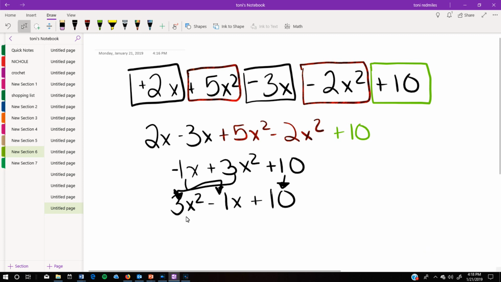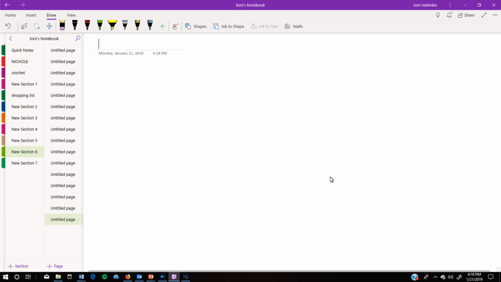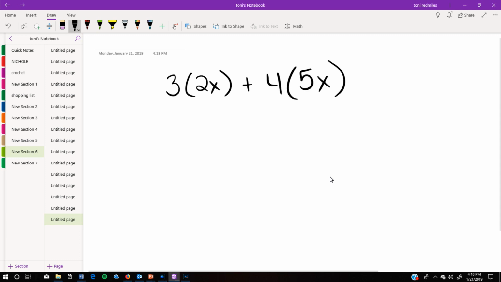All right? So let's get a little bit harder. So we said that you have to be done with all of your multiplication before you combine like terms. Right here I have some multiplication. Remember, I can show multiplication many different ways.